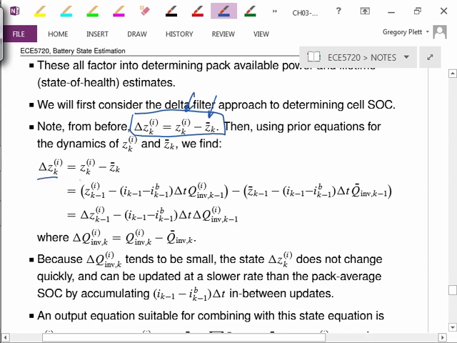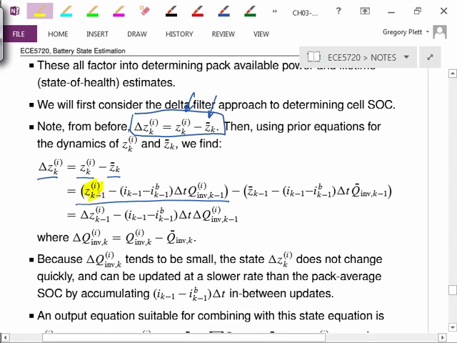So we have the delta equals the true minus the bar. The true is the previous truth minus the debiased current reading times delta T Q inverse of i. And then the average is the previous average minus the debiased current estimate times delta T times Q inverse of the pack.